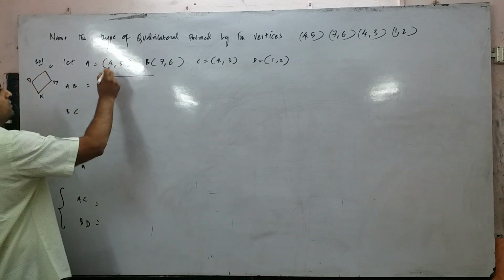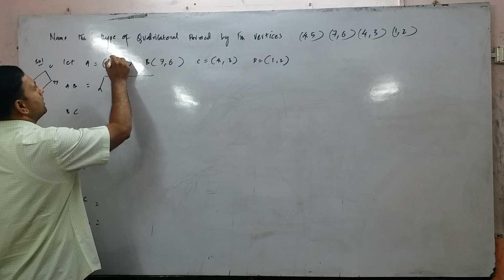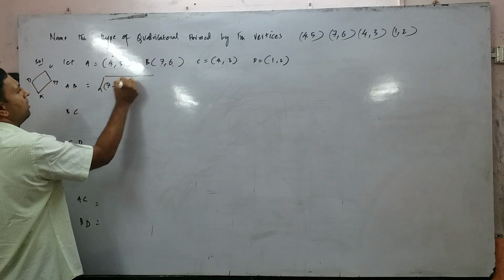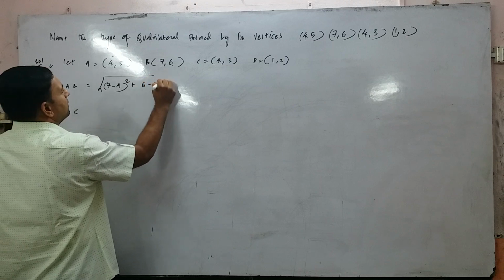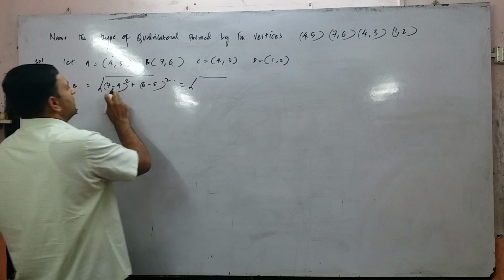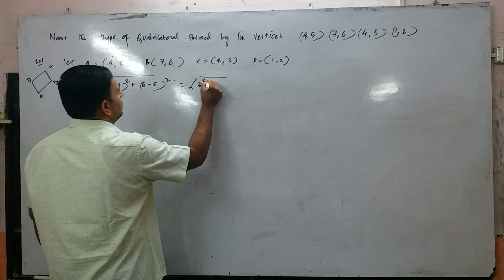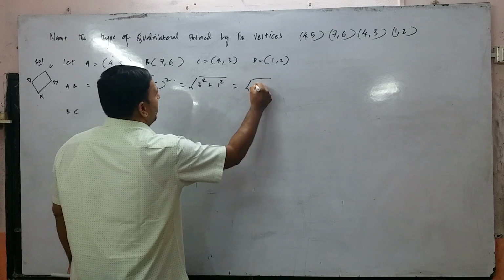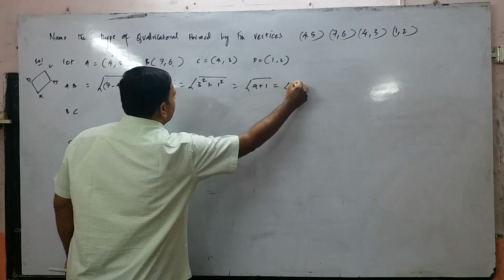So I am going with the distance formula, distance AB. Let me call this x1, y1, and this x2, y2. It is the square root of (7 minus 4) whole square plus (6 minus 5) whole square. 7 minus 4 whole square is 3 square, 6 minus 5 whole square is 1 square. Under root of 9 plus 1 is root 10.